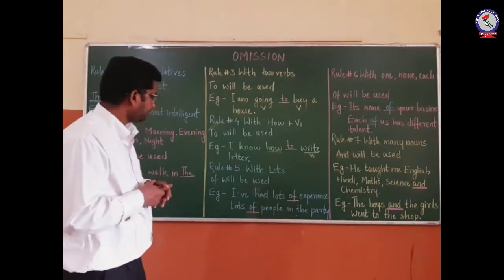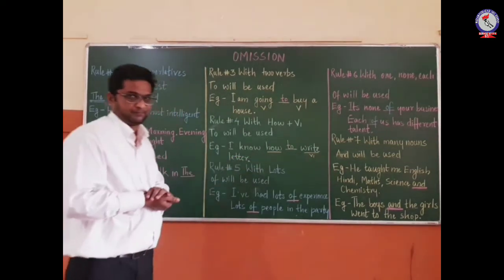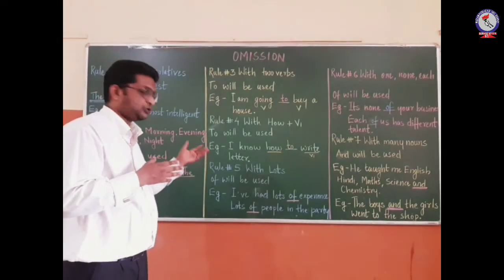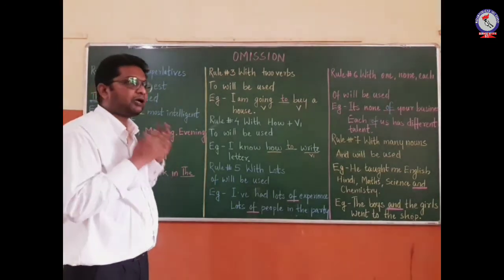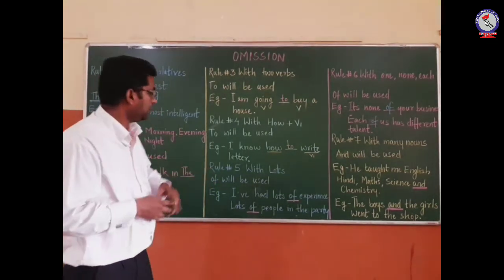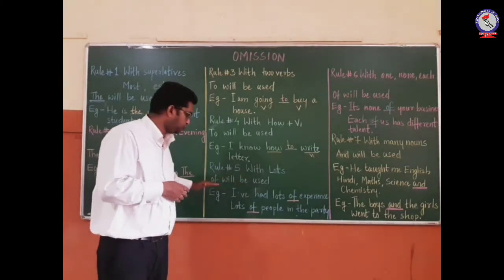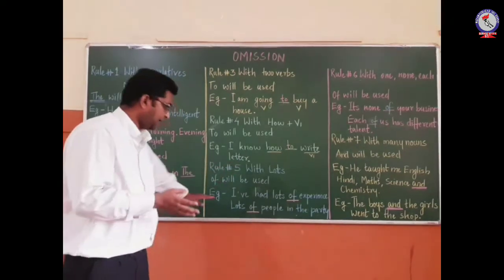Let us see the next rule, number 5, with lots. Now you come across lots many times in sentences. So in that condition, when you come across lots, then of will be used. Of is a preposition. See here, example.